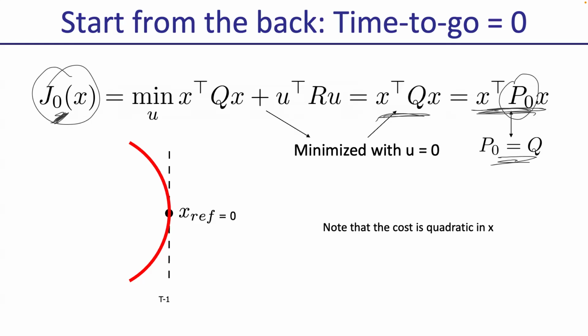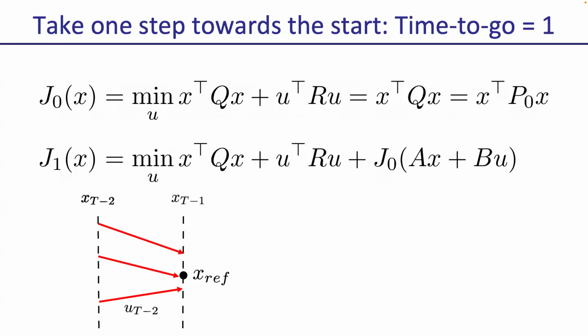Now, let's go to the second last step. That's the interesting one. Now your cost will have your second last step and your optimal cost at your last step.